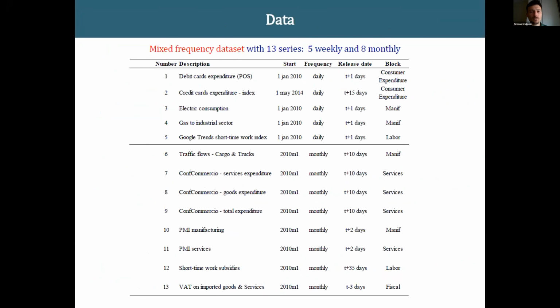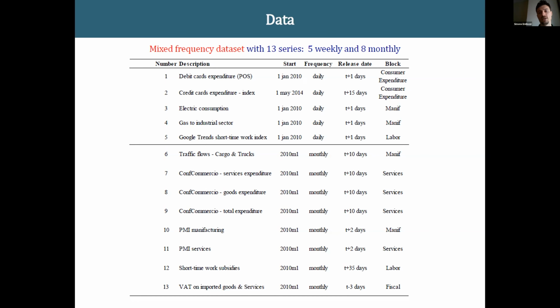Here is the data. As I told you before, we use a mixed frequency dataset of 13 series, 5 weekly and 8 monthly. The 5 weekly time series are available at a daily frequency, but we want to use a weekly frequency because the daily is really noisy. The daily frequency is a beautiful frequency, but it's really noisy.